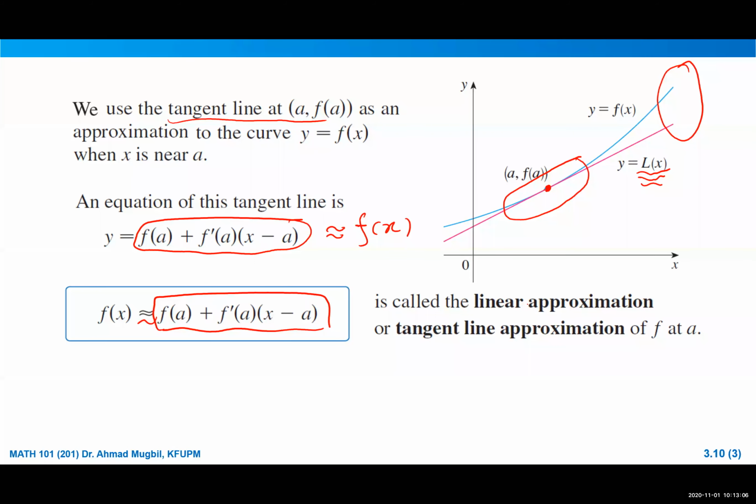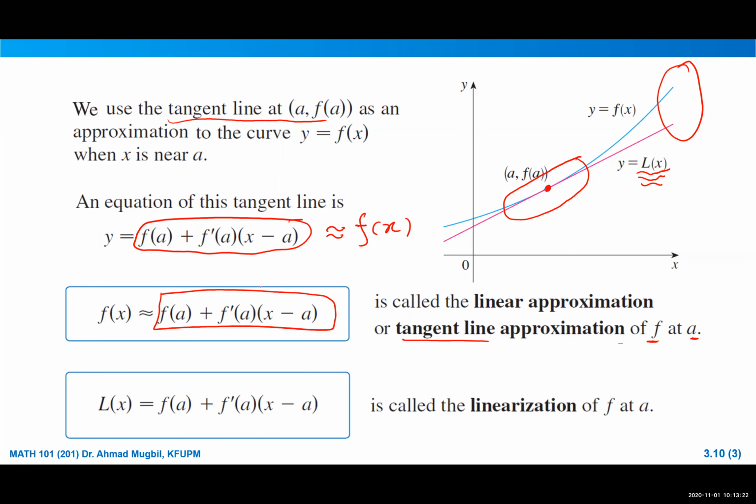This is called the linear approximation or the tangent line approximation of this function at this value of x. Let's give this expression a name to make it easier. We will call it L of x. L of x is called the linearization of the function f at the point A. This is not always true.